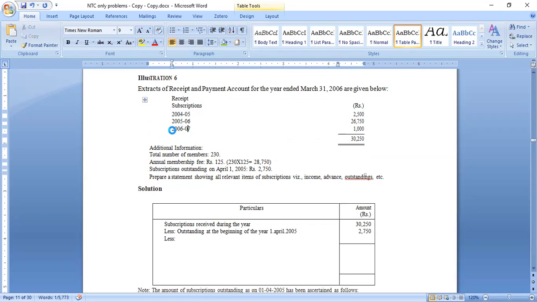So first of all, whatever the deductible items, I am deducting. So 1000, which belongs to the future year, received in advance. That is 1000.